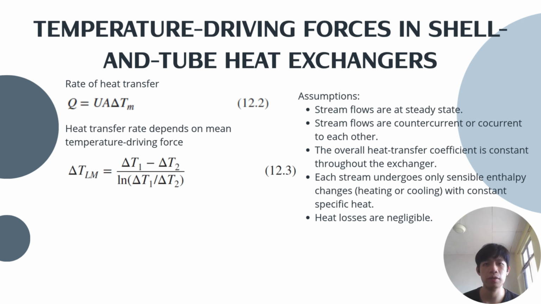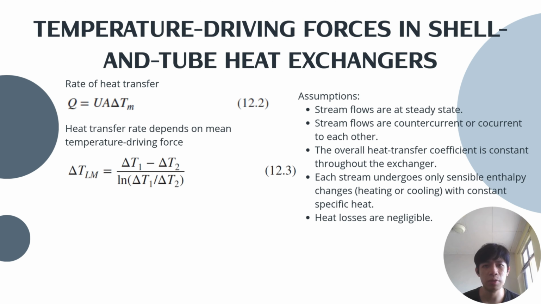Now we continue with the temperature driving forces in shell and tube heat exchangers. So we have a general rate of heat transfer, the equation 12.2, and then we need the equation 12.3 for the mean temperature driving force.